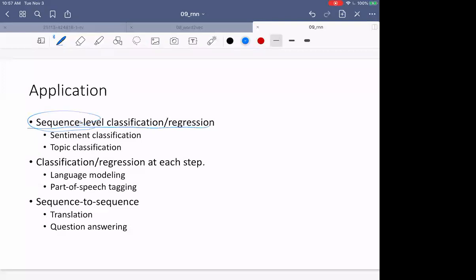It could be sentiment classification: is your given sentence positive or negative? Or topic classification: what's the category of your given sentence? Is it about sports, politics, science, or society? The first will be typically binary classification, and this will be typically multi-class.